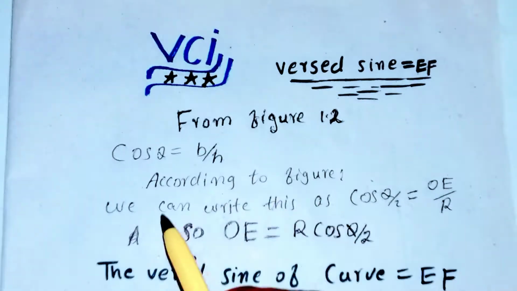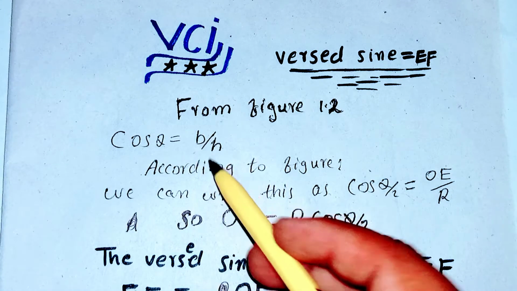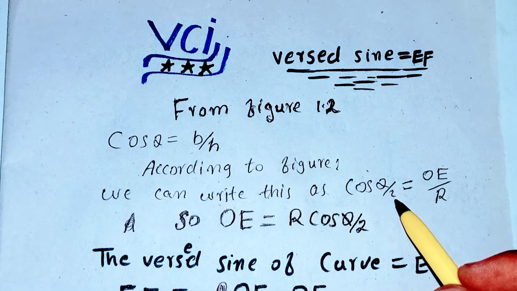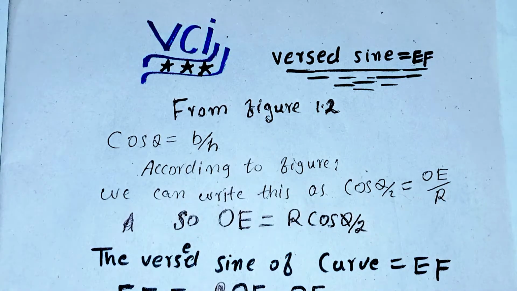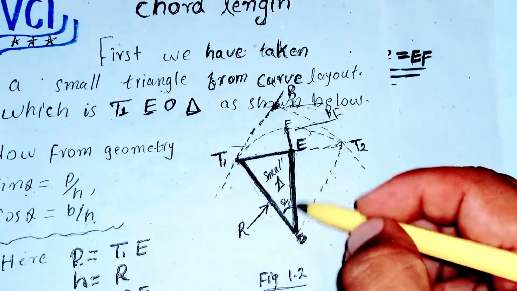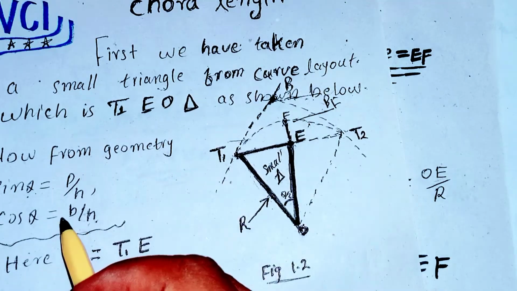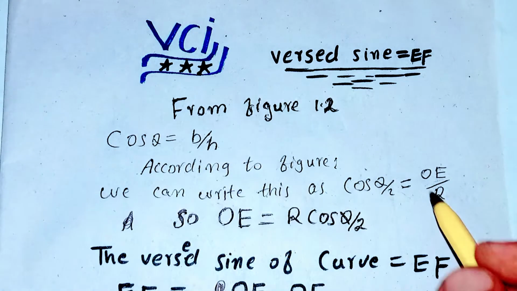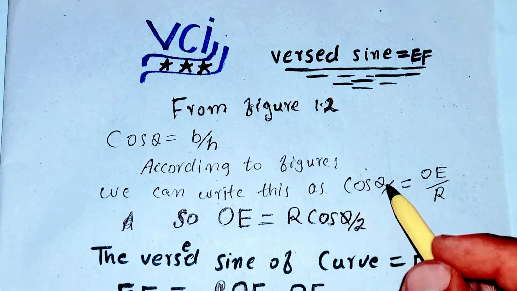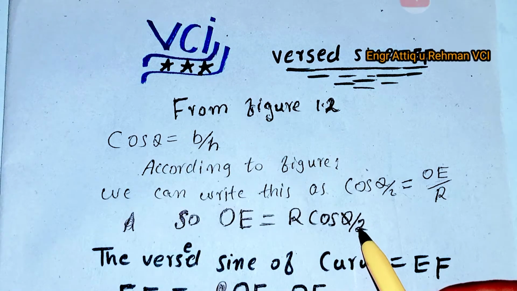So we can write cos theta divided by 2 is equal to OE divided by r. We are going to find this OE distance. So OE is equal to r multiplied by cos theta divided by 2.